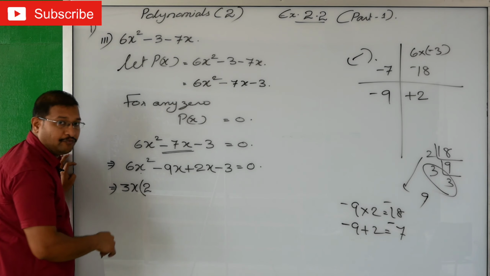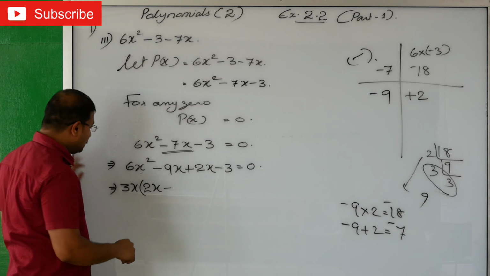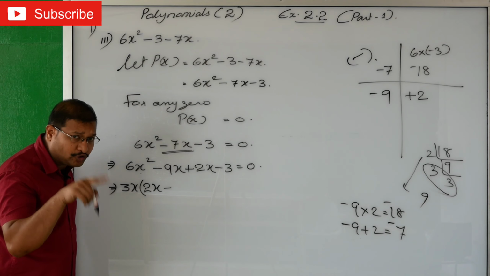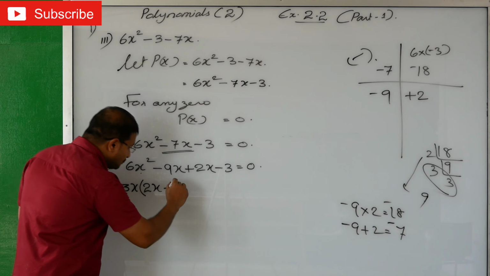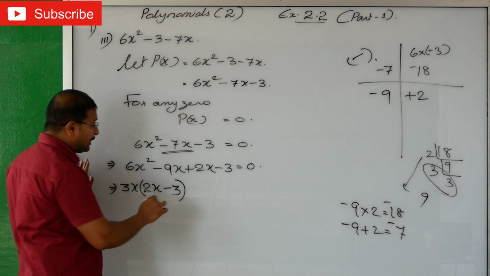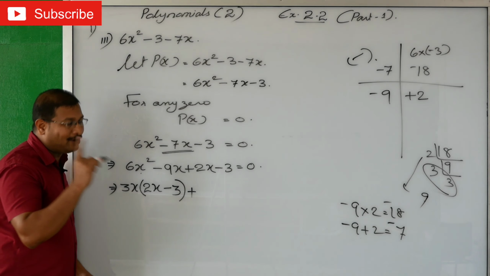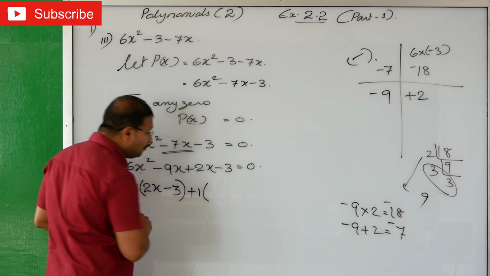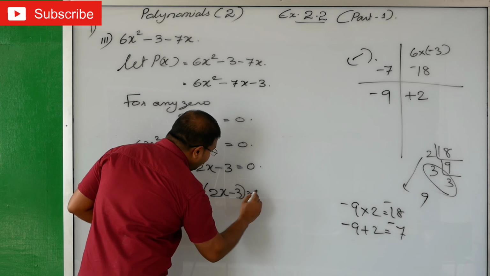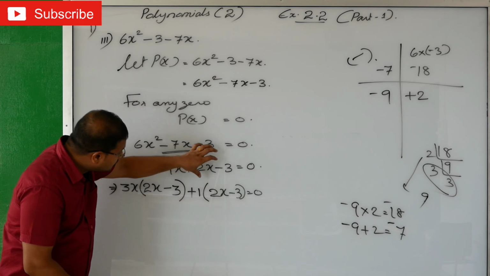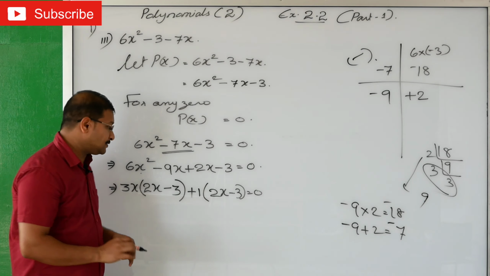X square means 2 times, we are already taking 1 outside, that means the balance is x. Minus 3 into how much will you get 9? 3 3s are 9. But x we already took outside, isn't it? That means finish. Balance. Plus these 2, what can you take common? Only 1. That means plus 1 into the same, 2x minus 3. If you take plus 1 outside, the same term will be written inside. Ready? There will not be any changes.